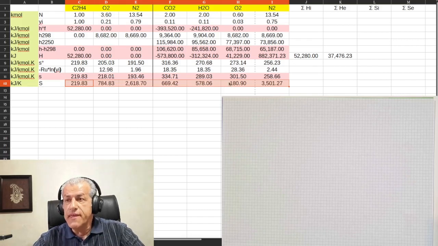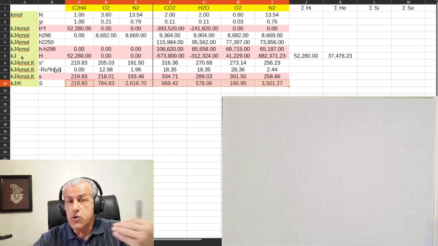But all these are the entropies of different constituents for every kilomole of C2H4. Although I haven't written kilomole here, all these calculations, even this kilojoules, are for every kilomole of fuel. We are using kilomoles twice in two different terms.